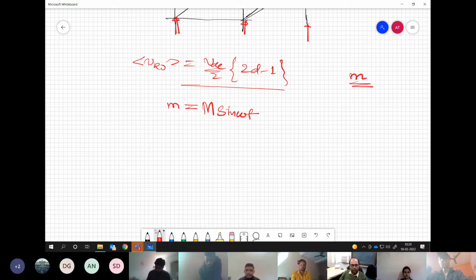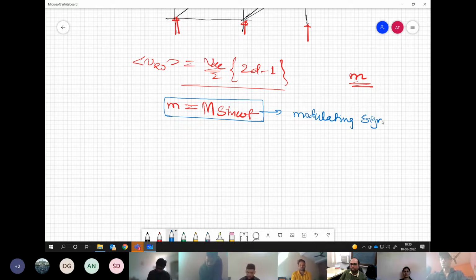This omega will decide at what frequency it is going. So this is what our reference signal could be. And this is generally, for the DC to AC converter, called the modulating signal.